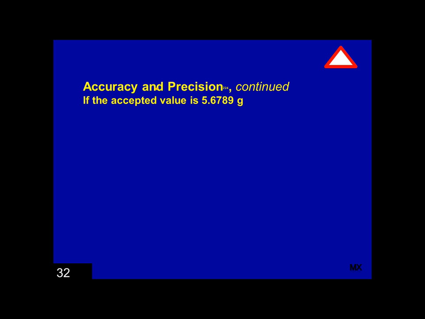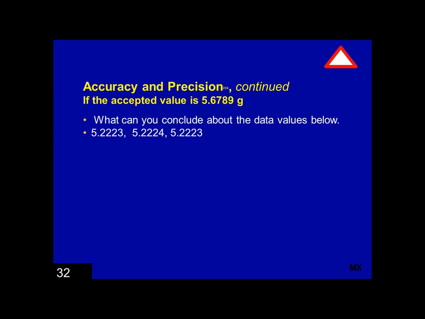Okay, so let's put this knowledge to practice here. If the accepted value is 5.6789 grams, what could you conclude about these measurements? 5.2223, 5.2224, or 2223? Well, think about the balance that was used. In this course, if I ask you to compare precision, your frame of reference is the triple beam balance.